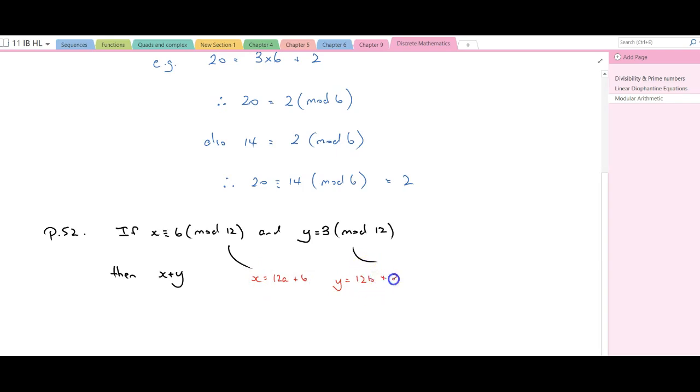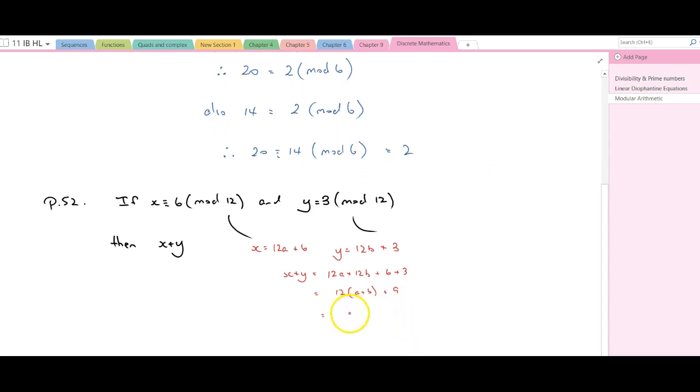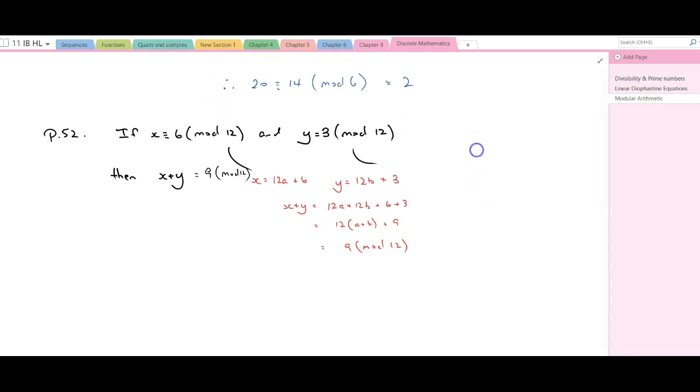Then if we add them together, x plus y will equal 12a plus 12b plus 6 plus 3. So we'll have 12 lots of some integer a plus b, plus 9. So x plus y is going to equal 9 mod 12. We can just add the 6 and the 3, and that's what we get mod 12.